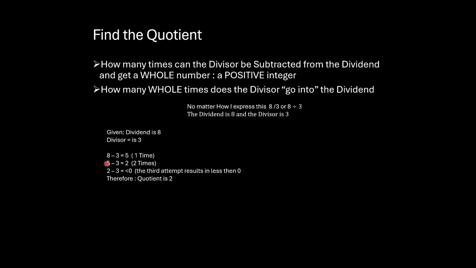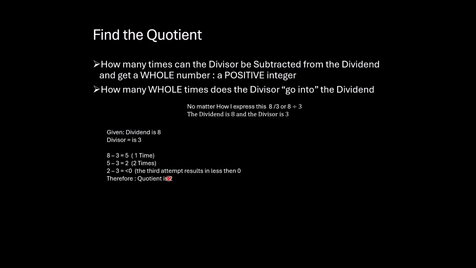That's 1 time. 5 minus 3 is 2. That's 2 times. If I go again, if I do 2 minus 3, that doesn't work. The third attempt fails, which means I was able to subtract 3 from 8 2 whole times. The quotient is 2, not 2.6, not 2/3, not 2.67, not a decimal.